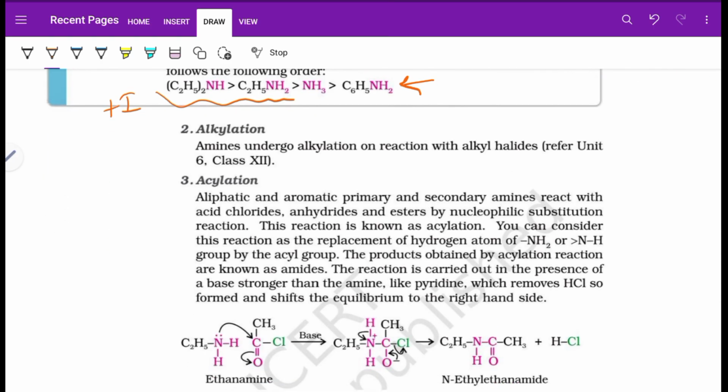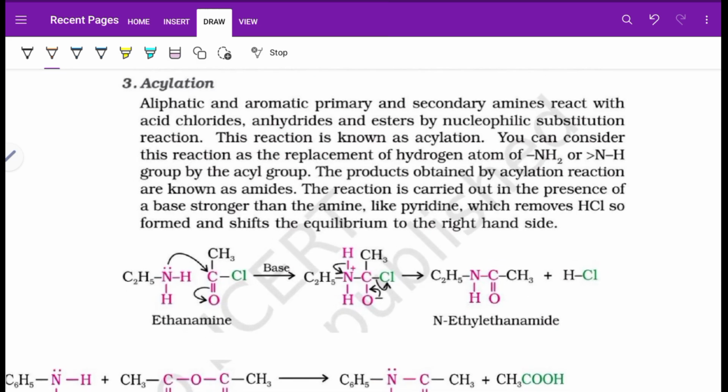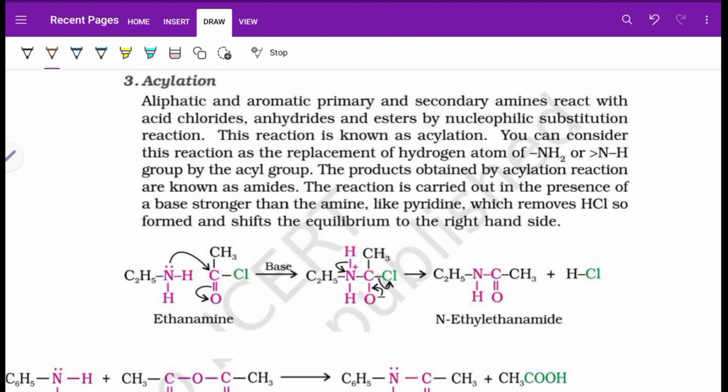Next, alkylation of amines is a part of the unit which we have done in unit 6, alkylation reaction over amines, and here we will see acylation. Acyl group is RCO group, or here we can see that this RCO group, the COR, is coming to the structure by replacing one of the hydrogens of the amine.